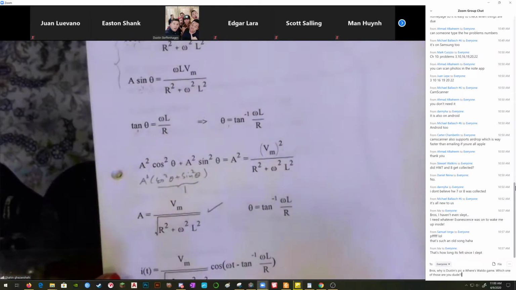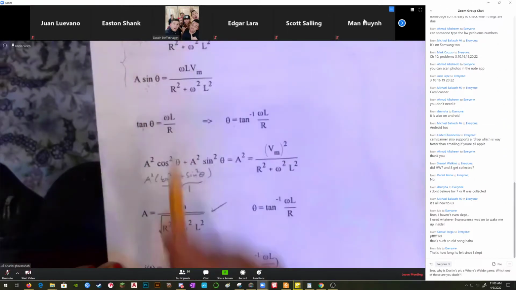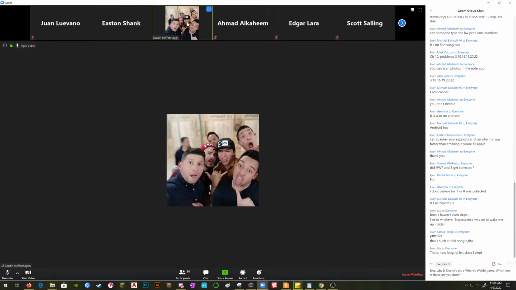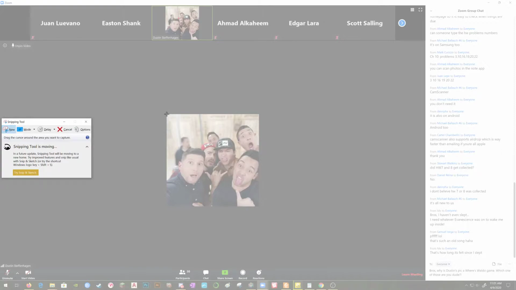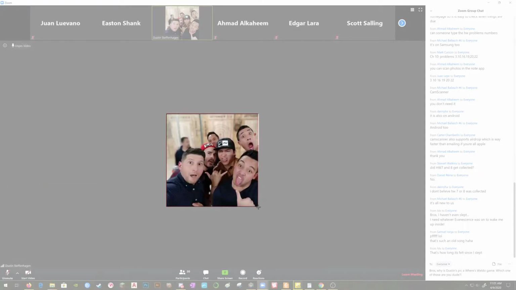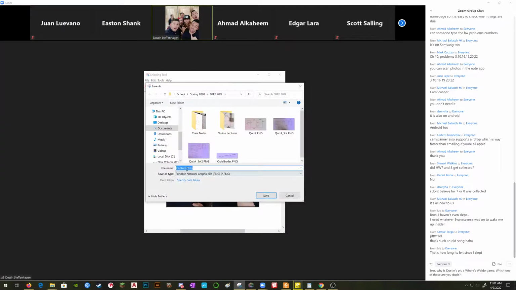So doing all these steps, that two pages, I got my A, I got my theta, and I put them in this equation. See, your i of t was A cosine of omega t minus theta. So the solution of this simple RL circuit, after spending two pages, comes to this. For homework 9, you're going to use this.